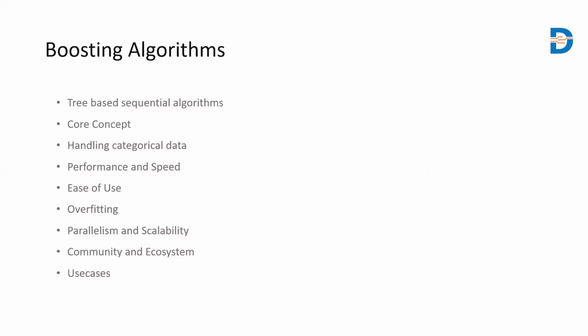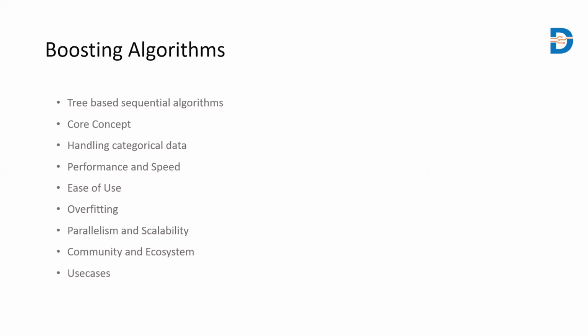Use cases: when it comes to use cases, CatBoost is best suited for datasets with many categorical variables, like business, e-commerce, and healthcare applications, while LightGBM is preferred for datasets with numerical features. It is mostly applied in finance, fraud detection, and recommendation systems.